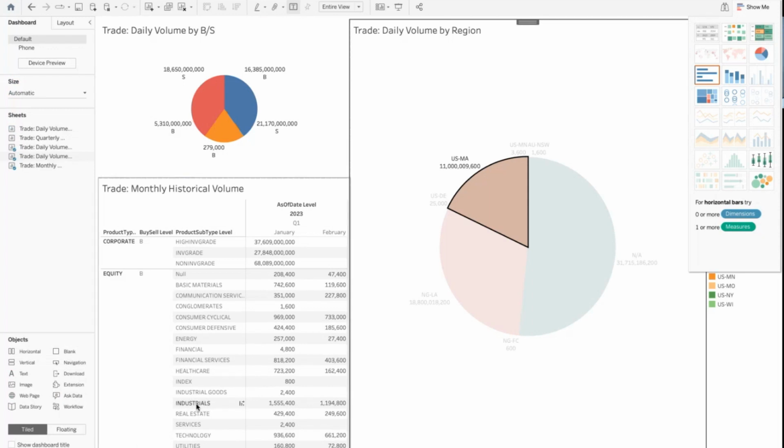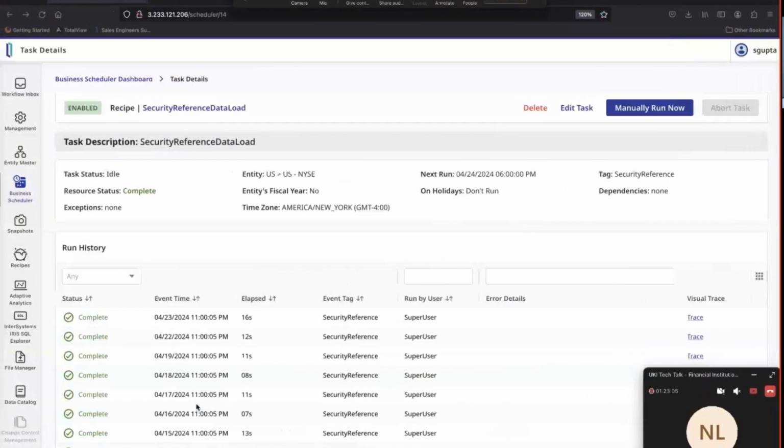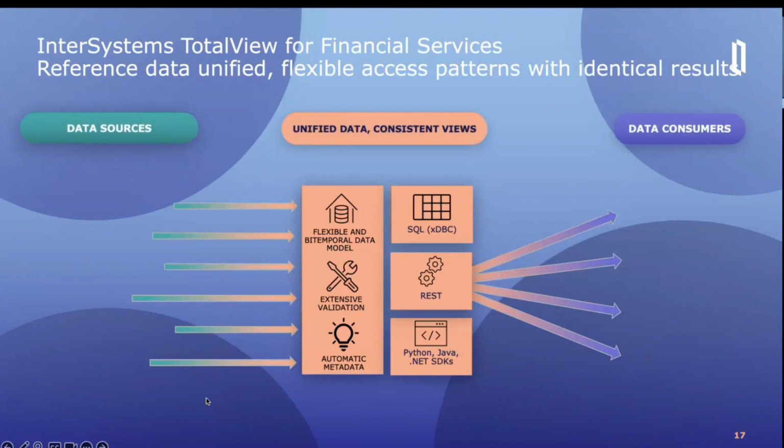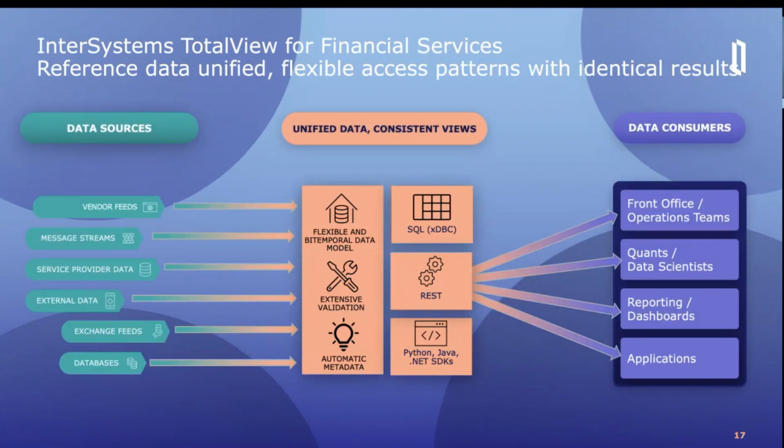And having said that, I'll go back to just review some of the things in the slides that Saurav has already talked about. Now, the InterSystems TotalView for Financial Services gives you the capability to take disparate data sources, bring them onto the platform, and once you've got them onto the platform, you have this universal single version of the truth within your enterprise.